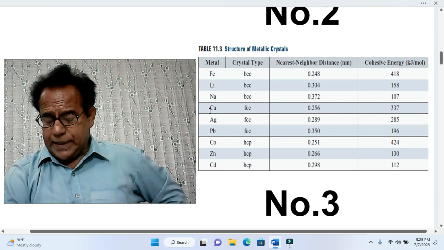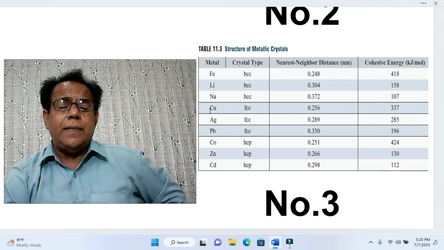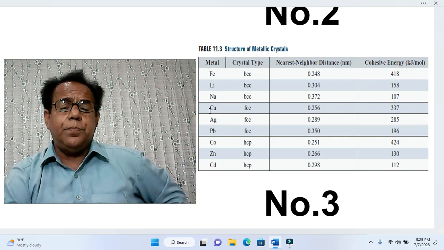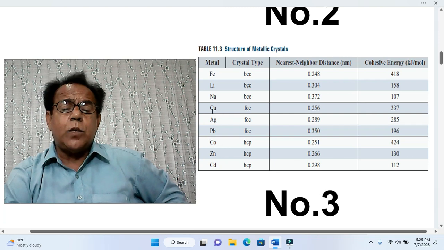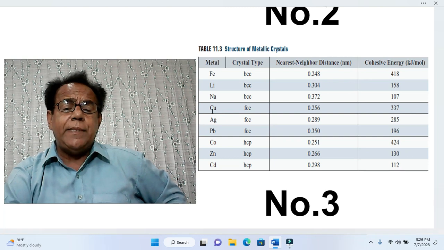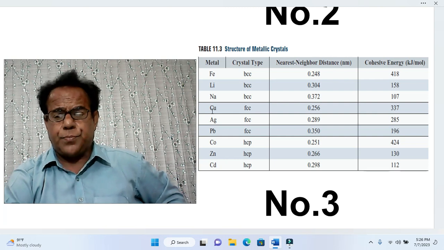That is why its symbol is not Co, which is perhaps for cobalt. Copper is denoted by Cu because its Latin name is cuprum.